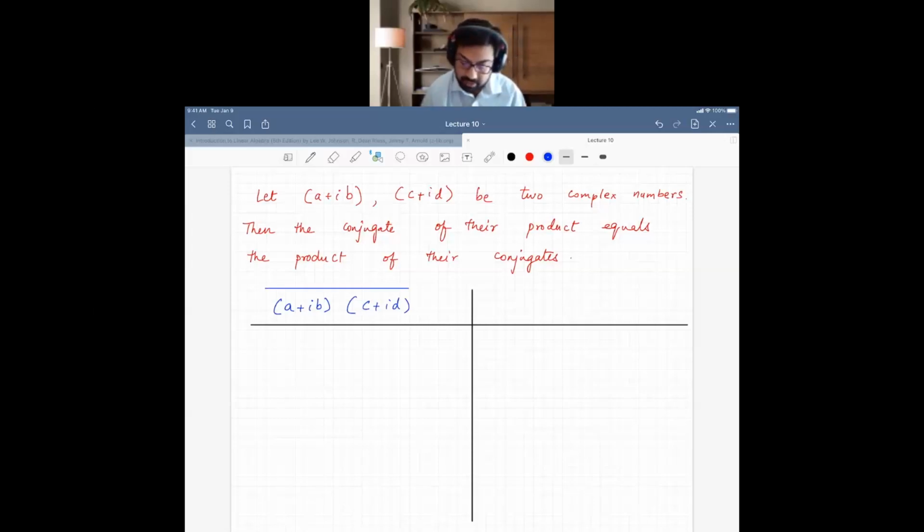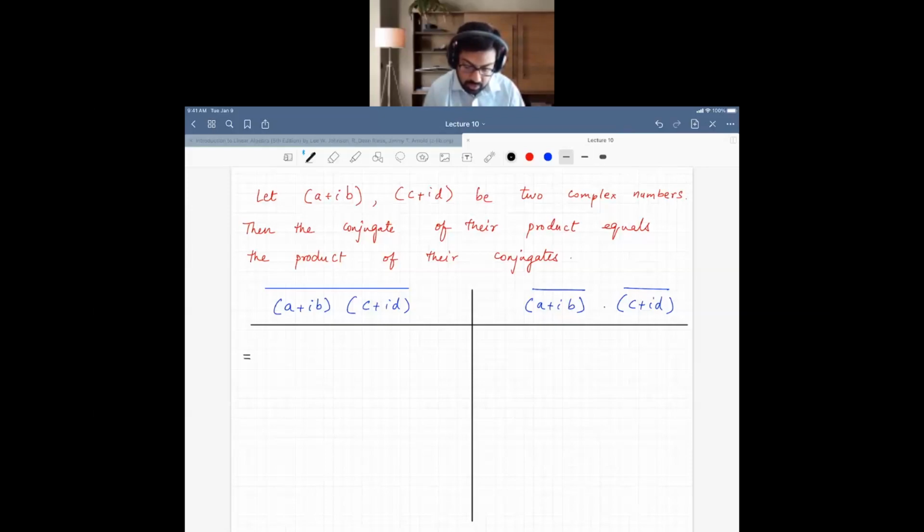And on the right side, let us evaluate A plus iB conjugate multiplied by C plus iD conjugate. Let us see if these are equal, because the proof is going to rely on this. Over here, let's do the multiplication first.